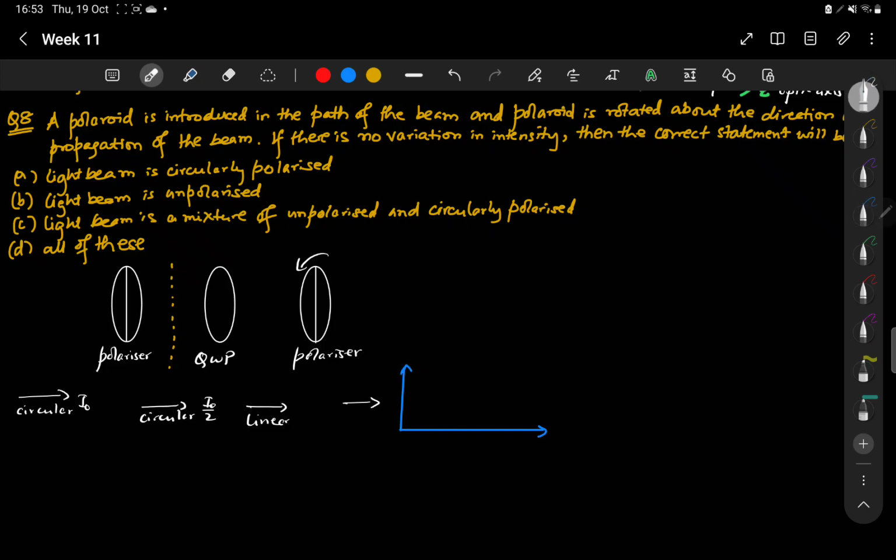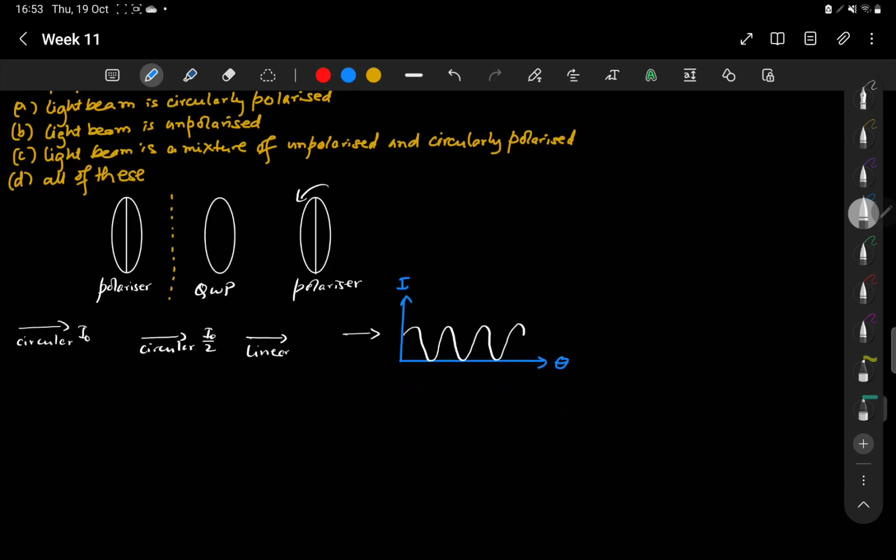I'm going to observe something. Okay, this is not looking nice. Let me draw it a little bit better. Okay, this is my best attempt, I believe. This is theta, this is I. This point is I naught, or let's say 1. We will normalize this by I naught, and this is 0.